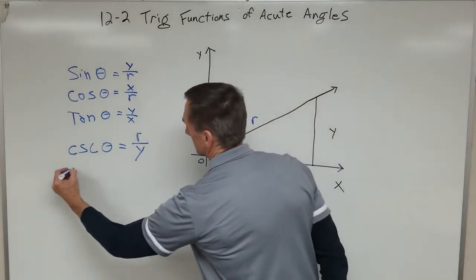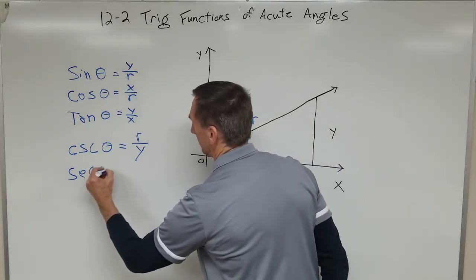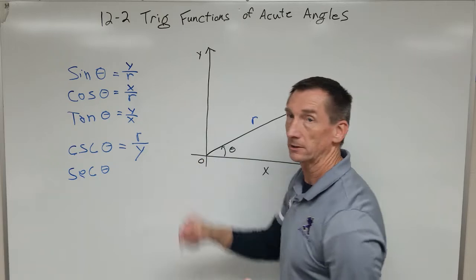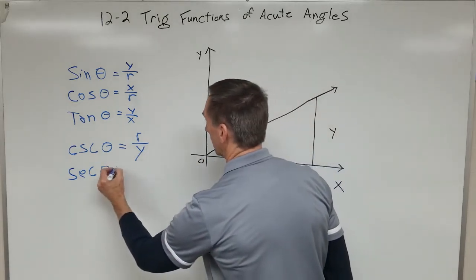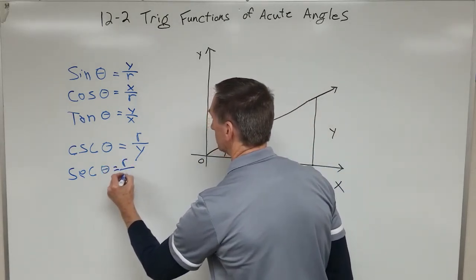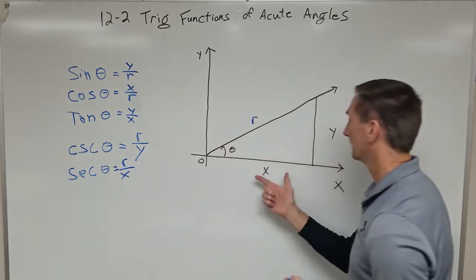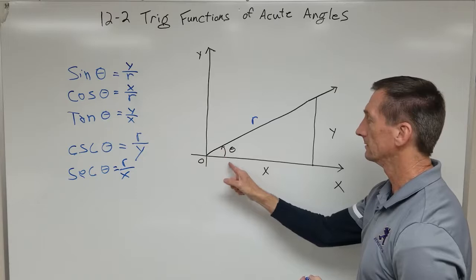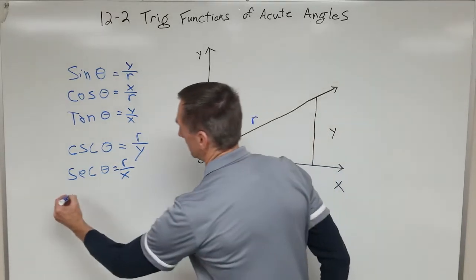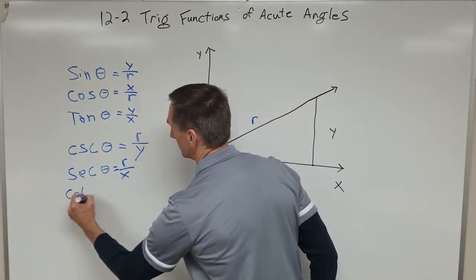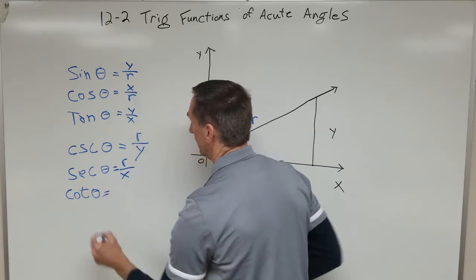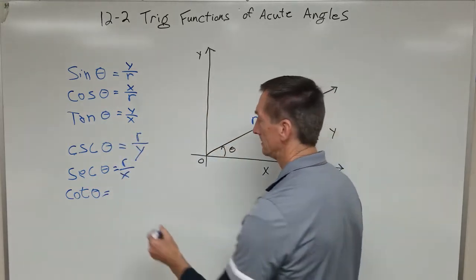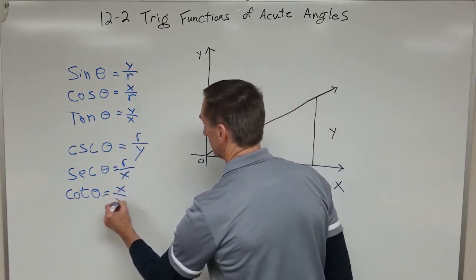Then we've got secant of theta, which is the reciprocal of the cosine, so it's r over x, the side adjacent to the angle. And then we have cotangent of theta, the reciprocal of the tangent function, x over y.